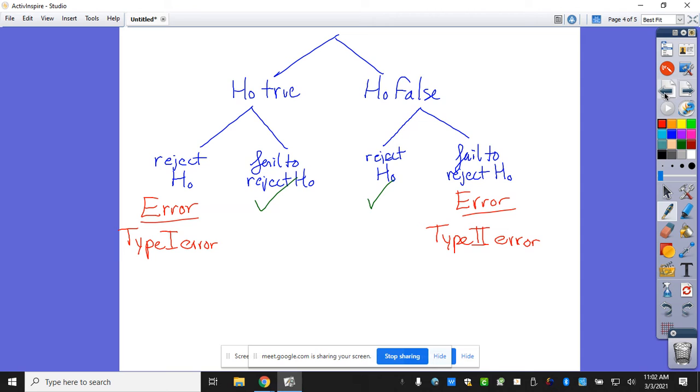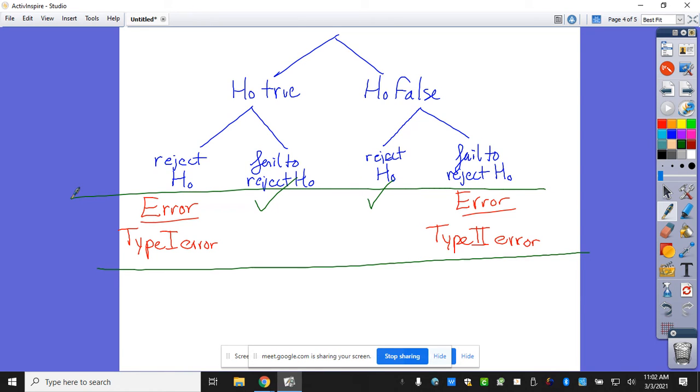So with this, I need to connect probabilities. So this path is called a type 1 error. This path is called a type 2 error. There's one other one that has a name for it. And I like to think of it as the ideal path.